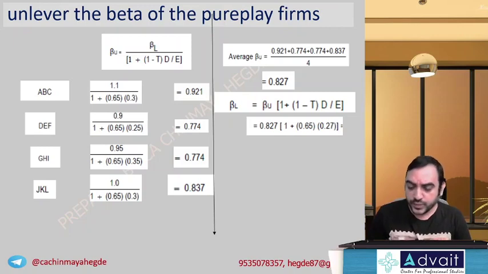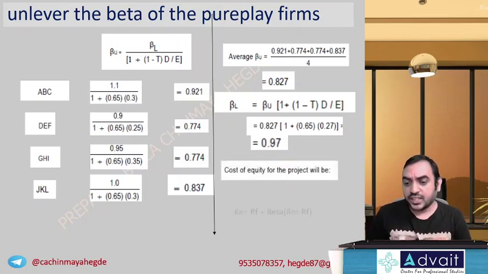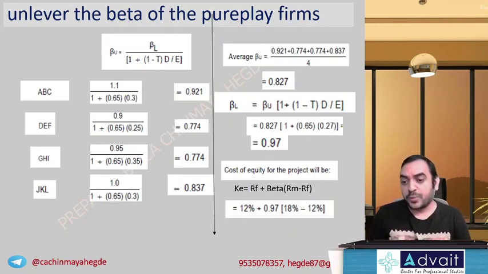Okay, once we get the levered beta, we can calculate the cost of equity. Levered beta 0.97, RF is given in the problem already 12, RM is given in the problem 18, so 12 plus 0.97 into 18 minus 12. You should get 17.8.